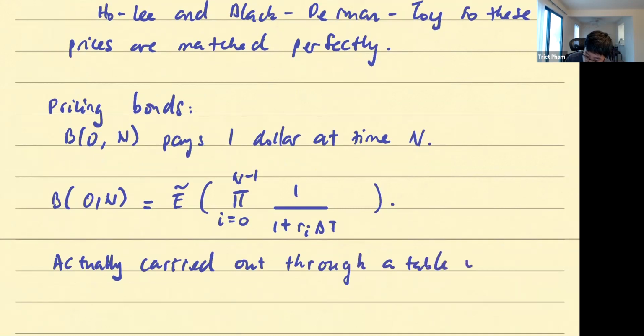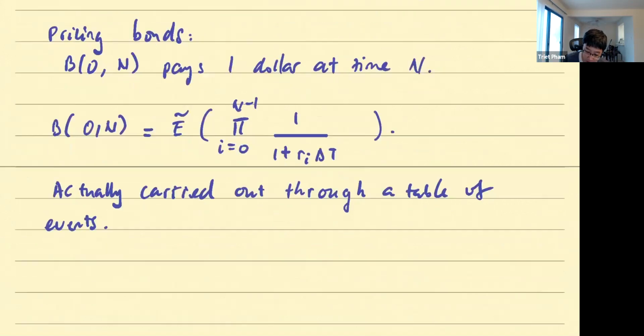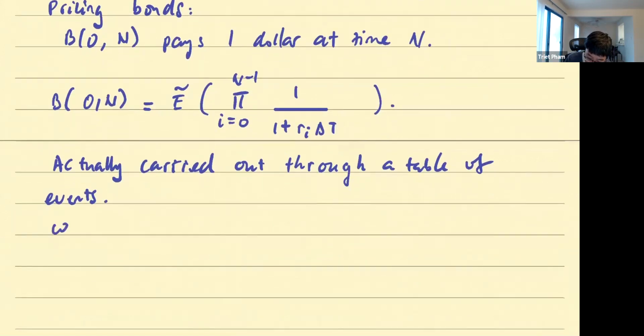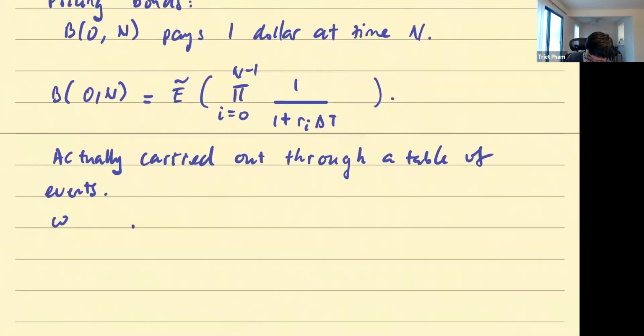A table of events. So you would write omega, 1 plus R_1, then R_0, R_1 up to R_{n-1}, and then you would do the discount factor, and then the probability.